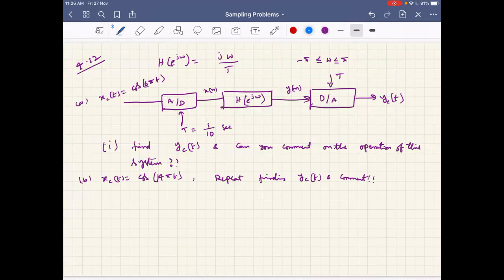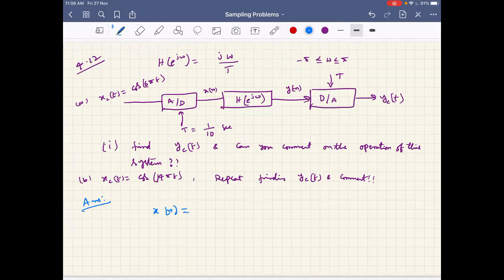While converting, what do we look at? We have xc and I want to convert to x. We convert t to nT.